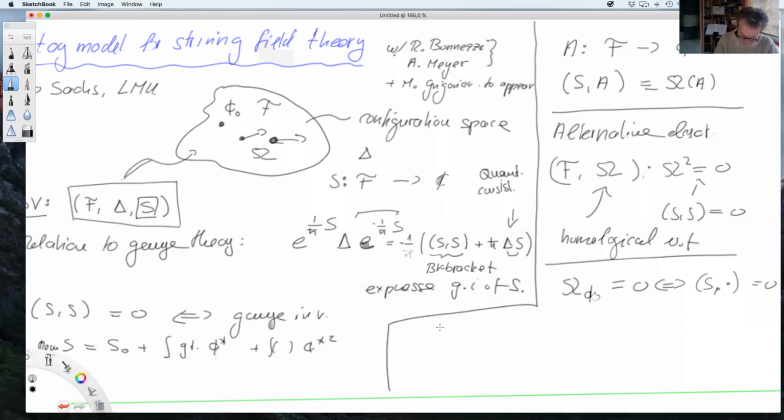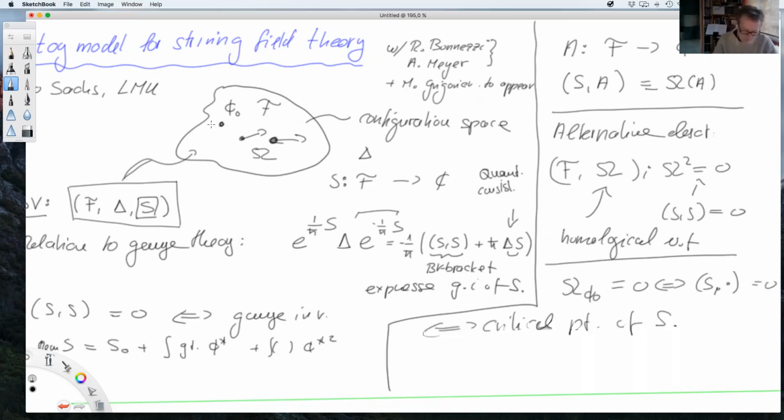Therefore, we have a critical point of S. In physics, we often call it a solution of the equations of motion. So we have this geometric vector field omega, which vanishes precisely on the critical points of S.